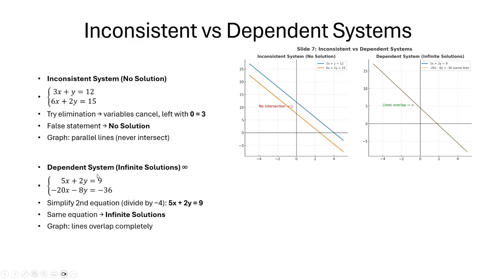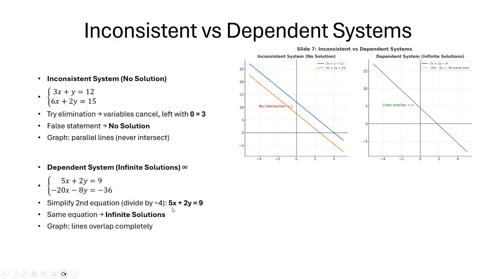And then our dependent system is an infinite solution. And it would be 5x plus 2y equals 9, and negative 20x minus 8y equals negative 36. This is our example, and we simplify the second equation and divide it by negative 4.